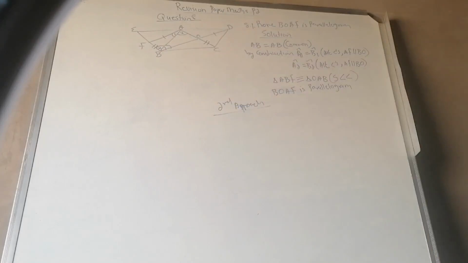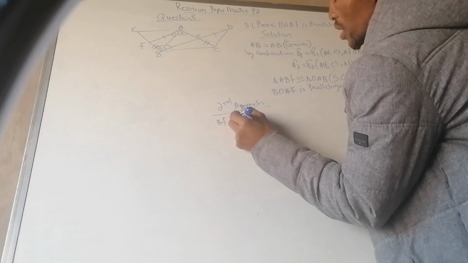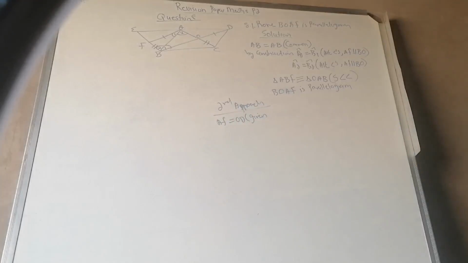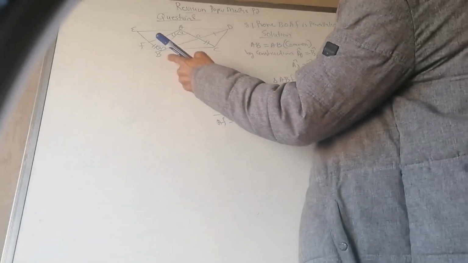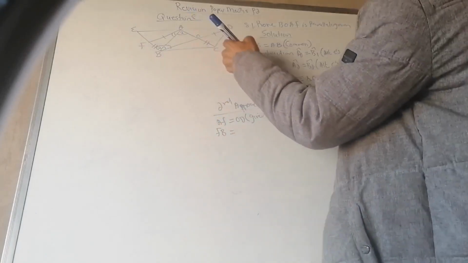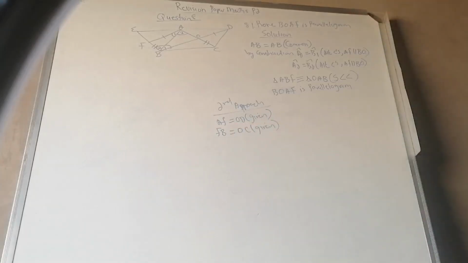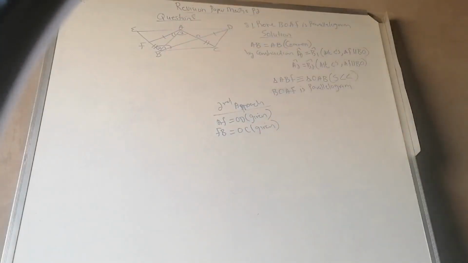So I can say that AF equals OD and this is given. I can come again and say that FB equals OC. This is also given, by the way they constructed the diagram.